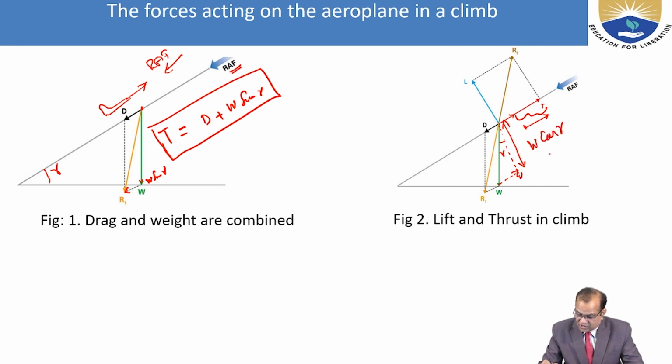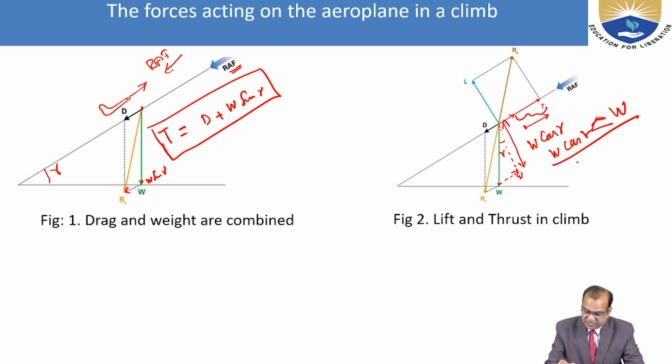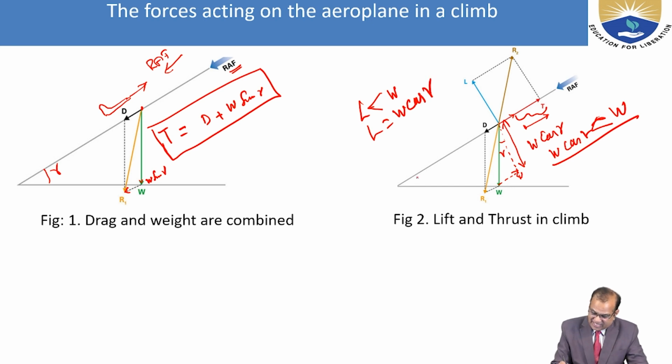This W cos gamma is less than W. So the lift required is less than the weight, and is equal to W cos gamma, not sine gamma, where gamma is the flight path angle.